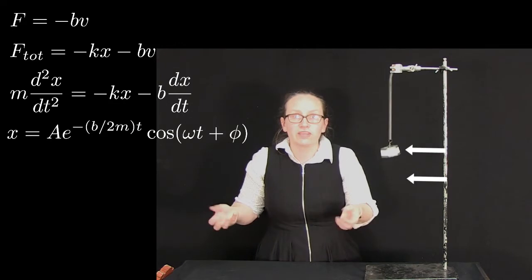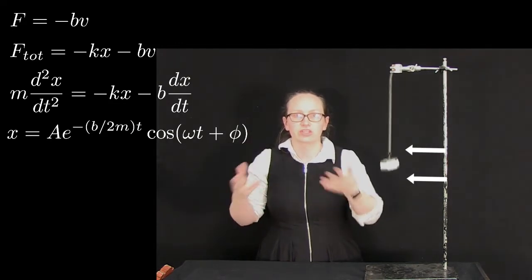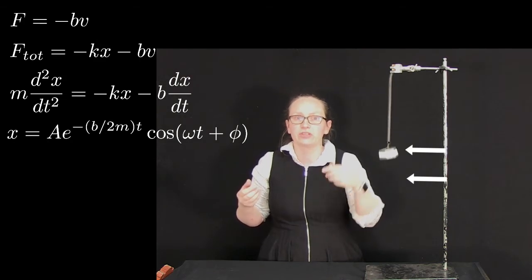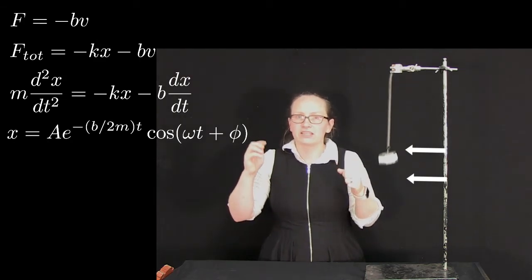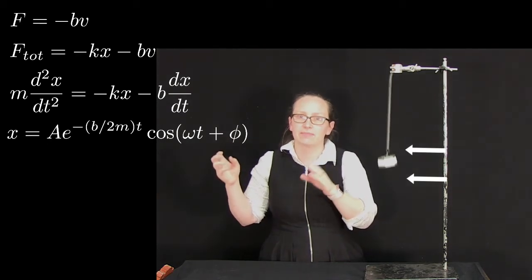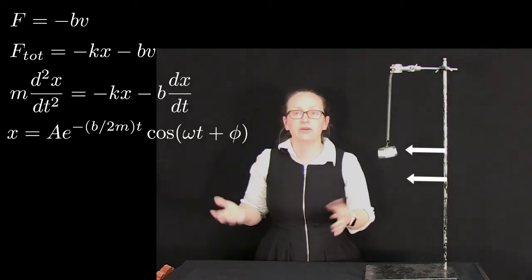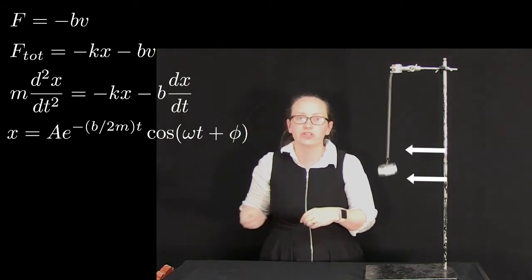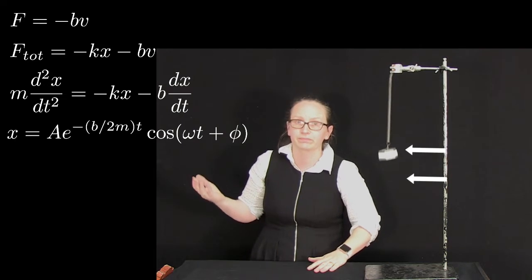A way to solve this is using the solution x equals A e to the power of minus b on 2m times t, times cos(ωt + φ), where A stands for the amplitude. So if you're keen on maths, you can substitute that in and show that it is indeed a solution to the equation that we've just given.